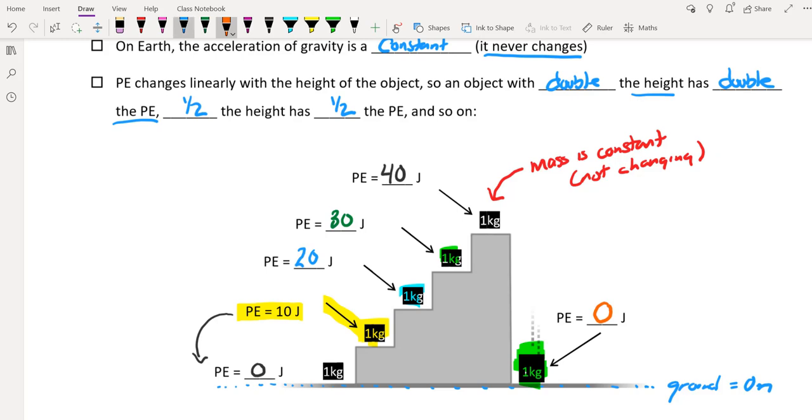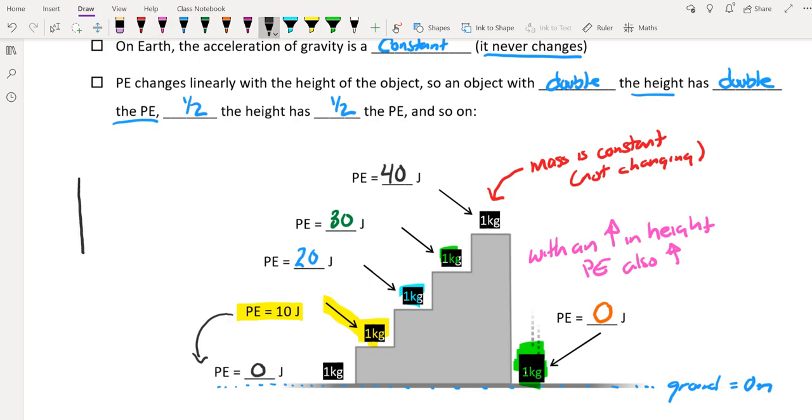So we can say with an increase in height, potential energy also increases. And this is a linear increase.